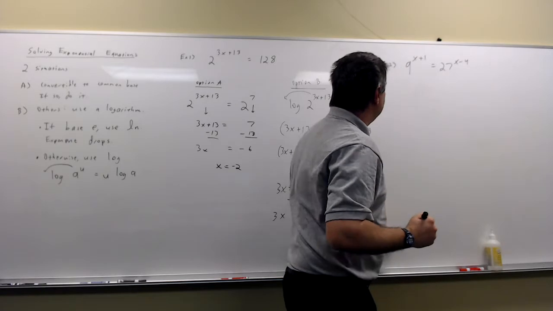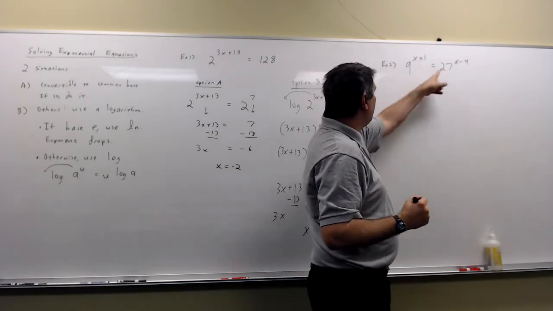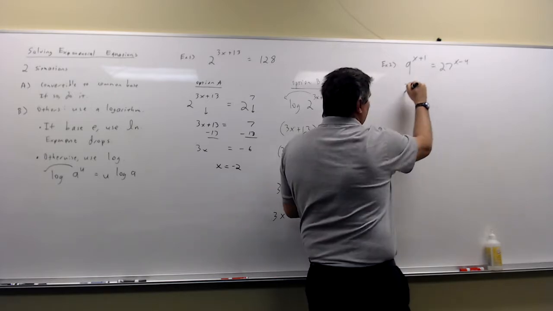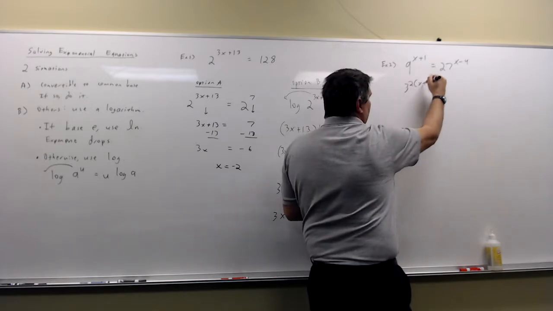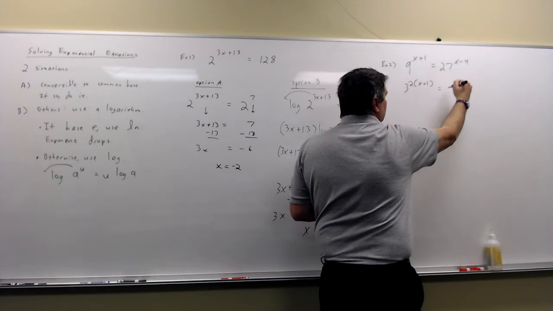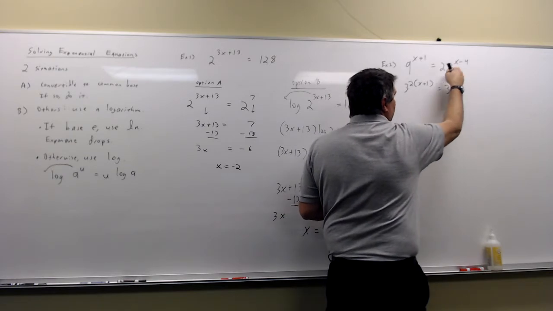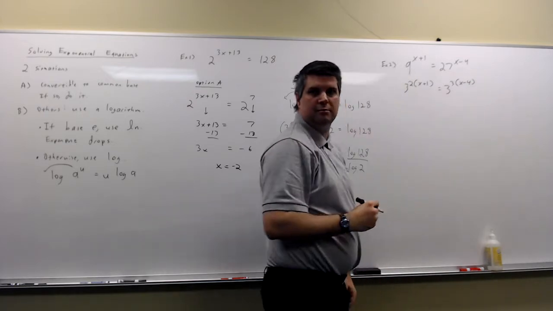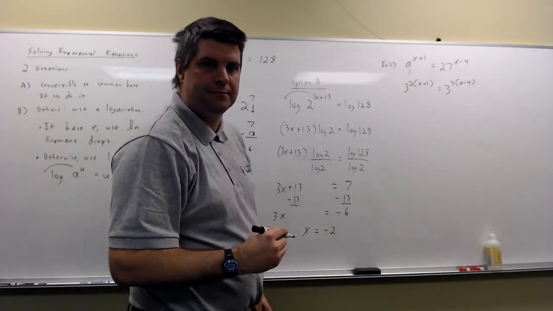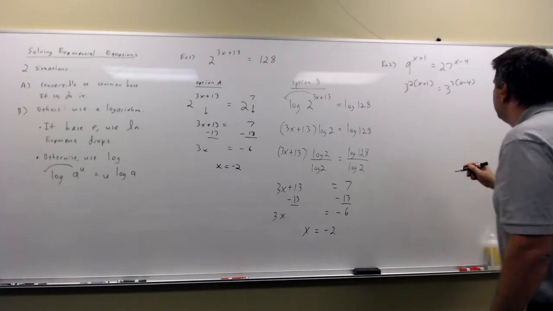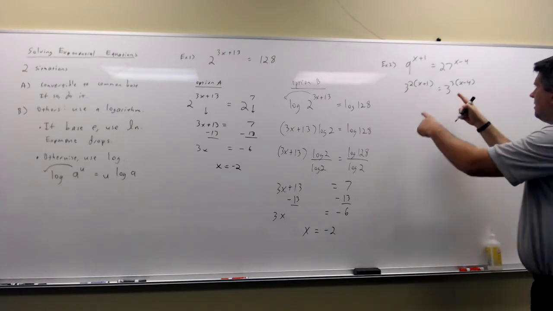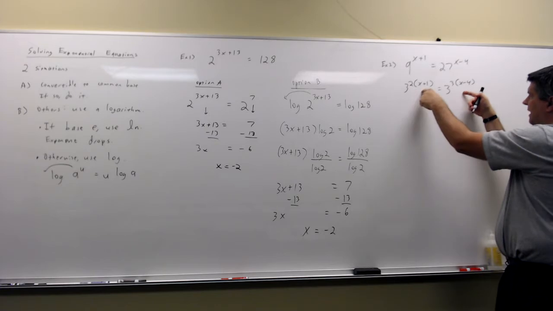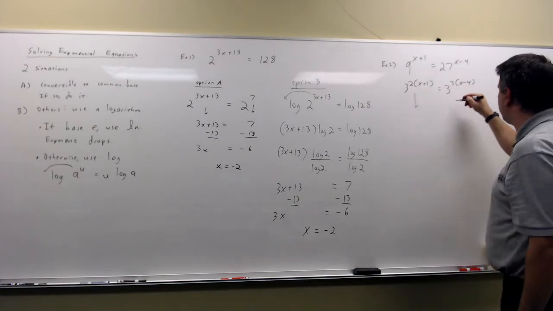Now repeat this. Both of these are powers of 3. 9 is 3 squared. Put the original exponent in parentheses. 27 is 3 cubed. Put the original exponent in parentheses. This allows me, since this equals this, and the base equals the base, that requires the exponent to equal the exponent.